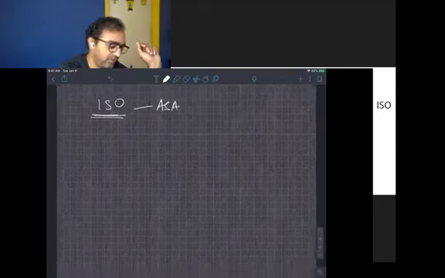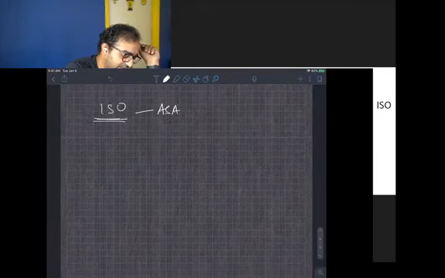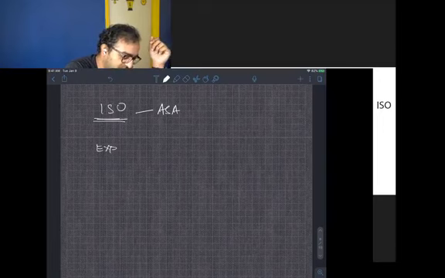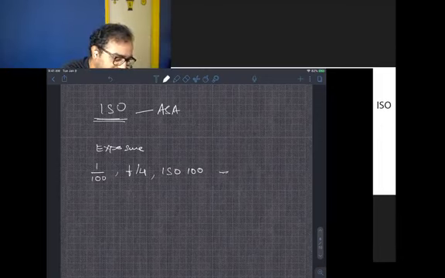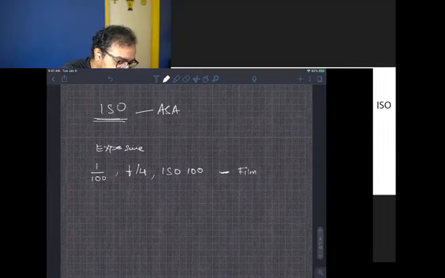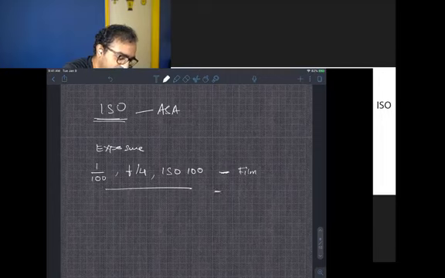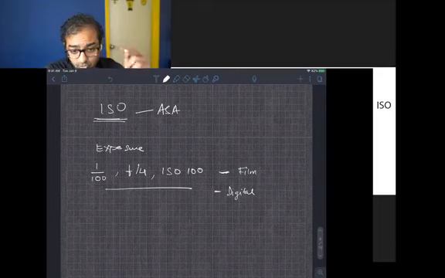Why is this important? Let's say I've shot a photograph with an exposure of 1 by 100 shutter speed, f by 4 aperture, and ISO 100. If I shot this with my film camera, and I shoot exactly the same settings with my digital camera, the guarantee should be that both of these will give me the same exposure.